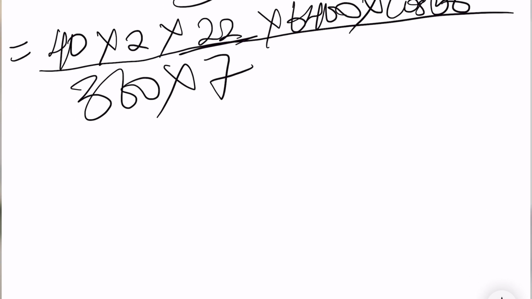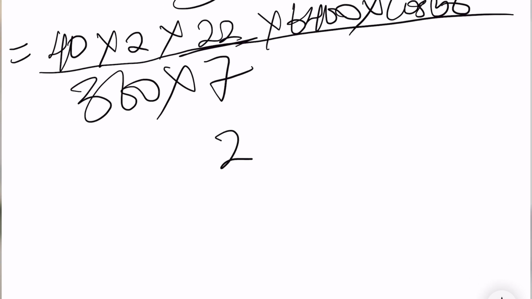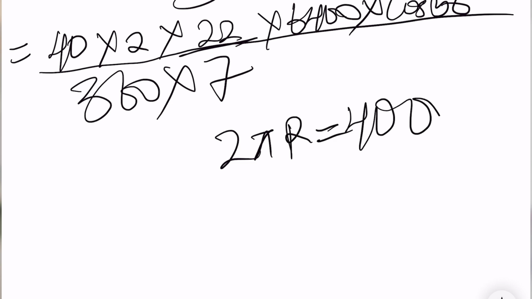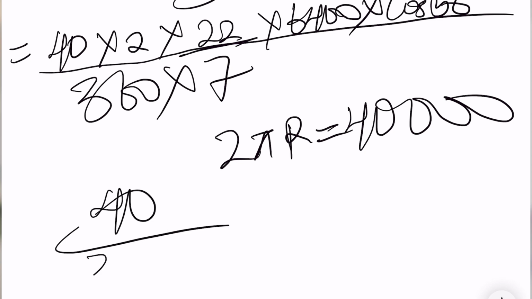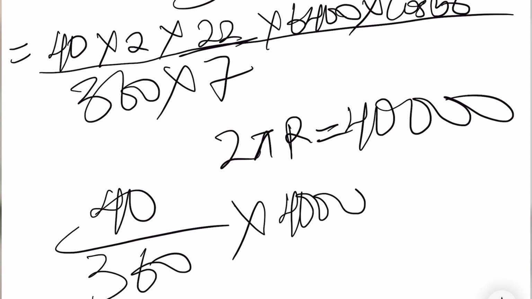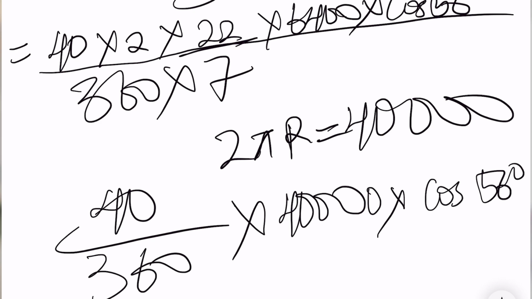Or we can easily write it as, since you know that 2 pi r is 40,000, 40/360 times 40,000 times cos 56 degrees.